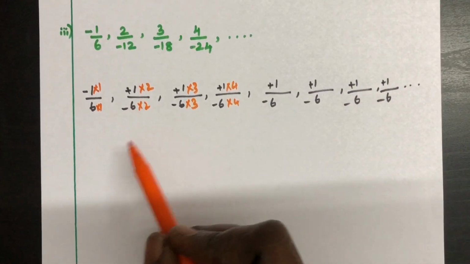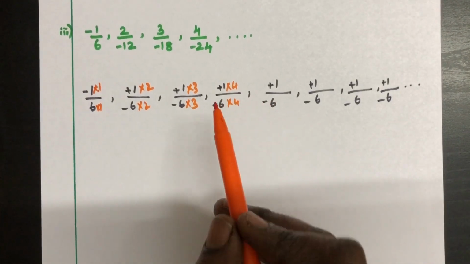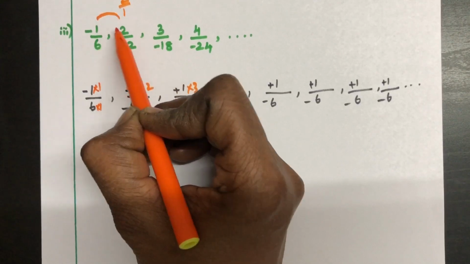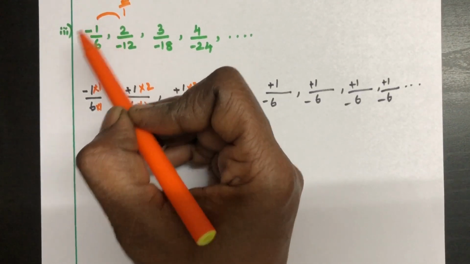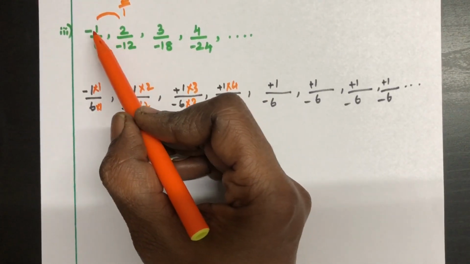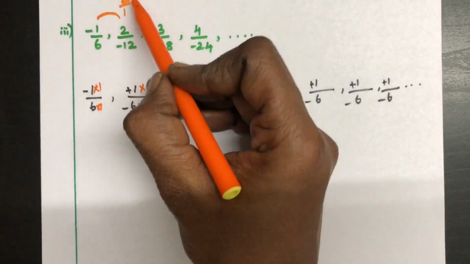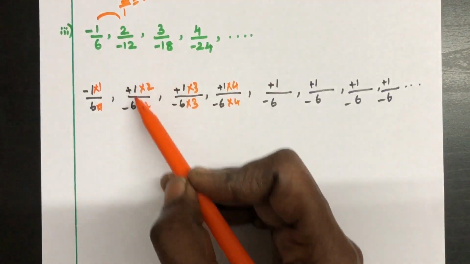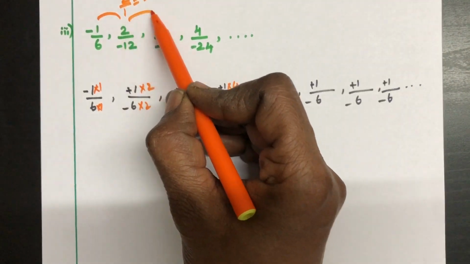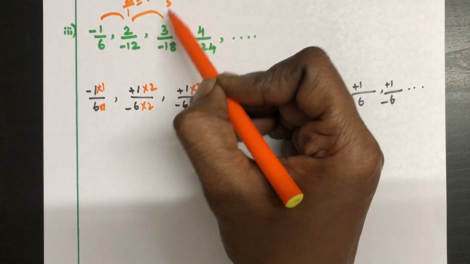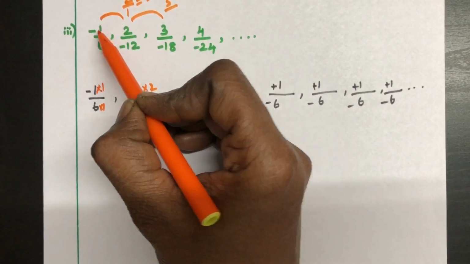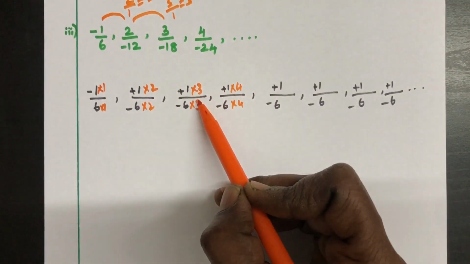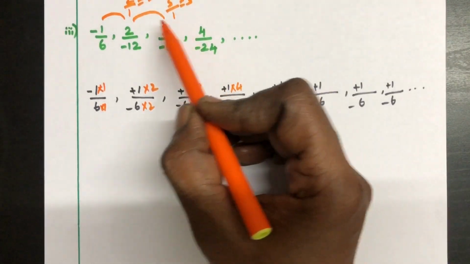But if they have given something more complicated, what do we need to do? You just divide the second number by the first number, leaving the sign, negative or positive, whatever. 2 by 1 is equal to 2, so they have used 2 for multiplication in both the denominator and numerator. Similarly, divide the numerator by the first number. So this is 3. They used 3 in the numerator and denominator.